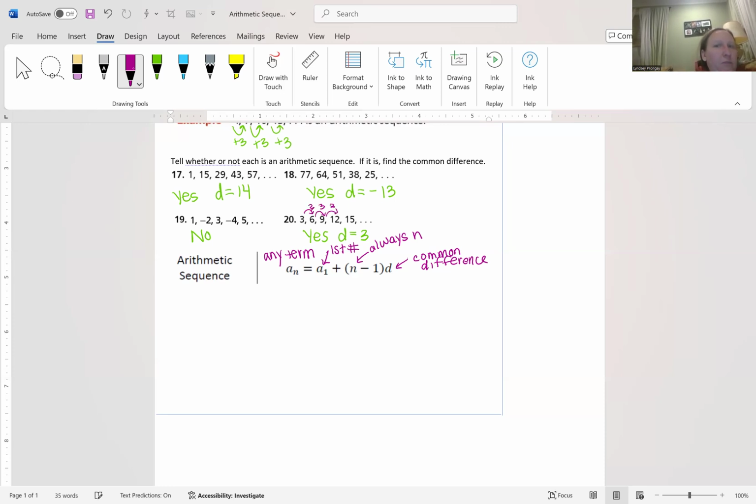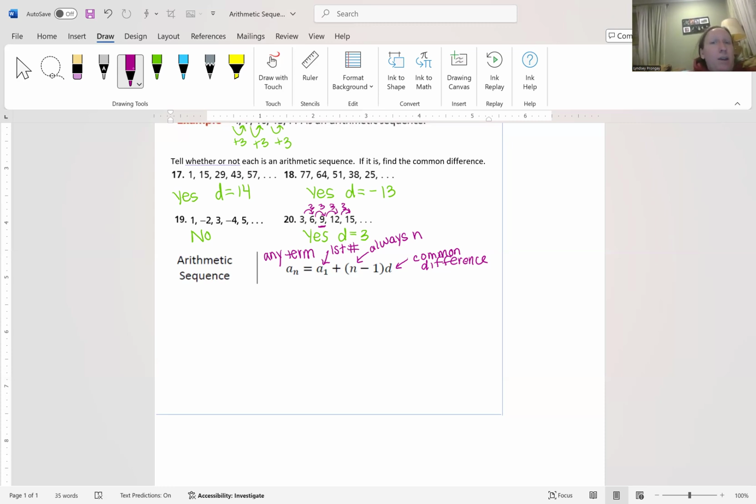So to do our shortcut, which is what the formula is, we need to figure out how many times we added that 3 on, that common difference. And whatever term we are looking at, like if I'm looking at the 3rd term, which is the 9, we really added 3 two times to get there.